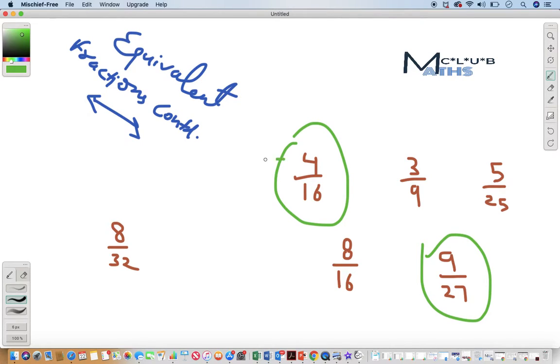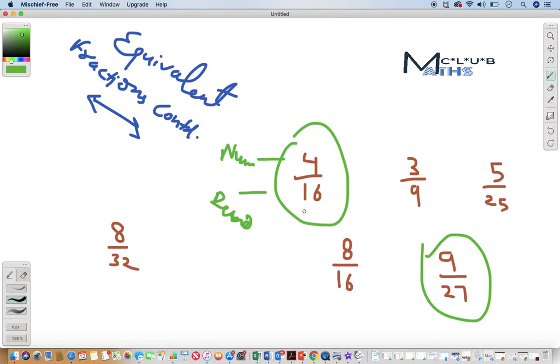This is called your numerator, as you all know. There's no rocket science in that. And this is called the denominator, okay? The point I want to make is, we can get an equivalent fraction if we divide our numerator and denominator by a similar or equal number.